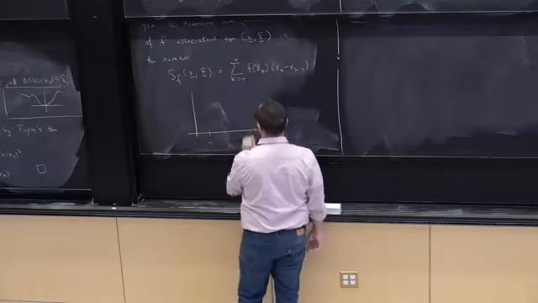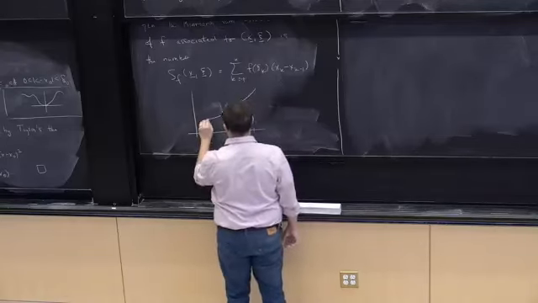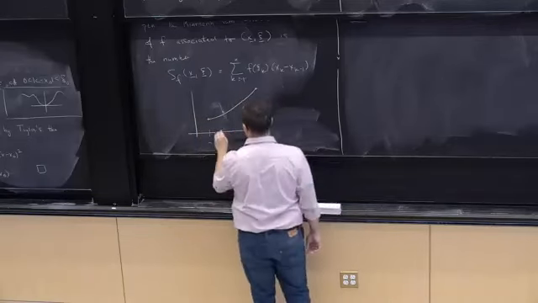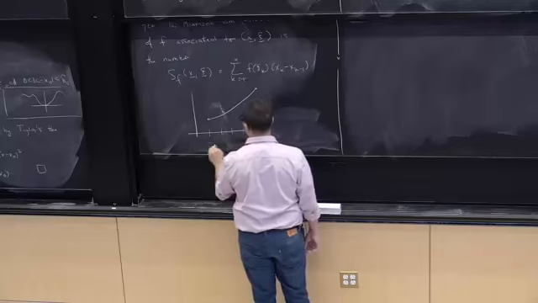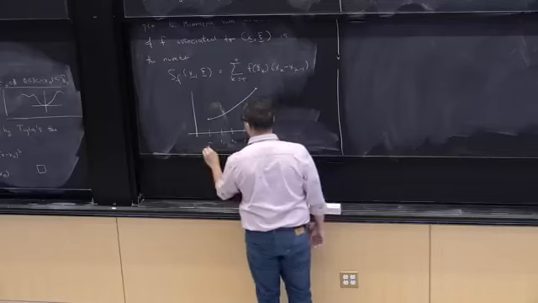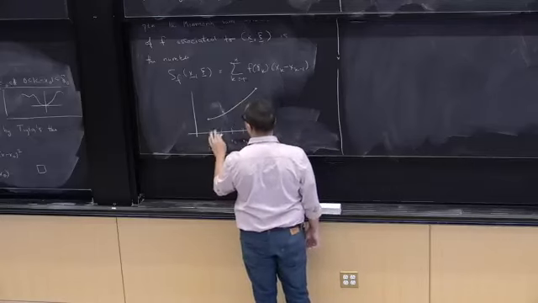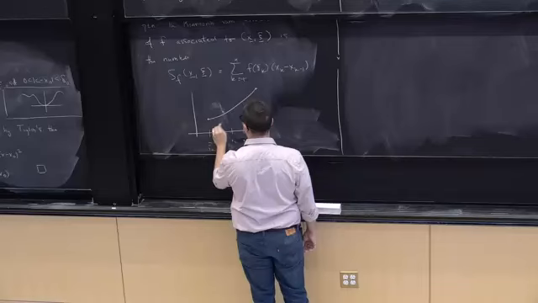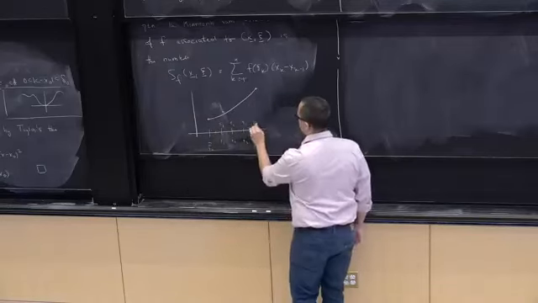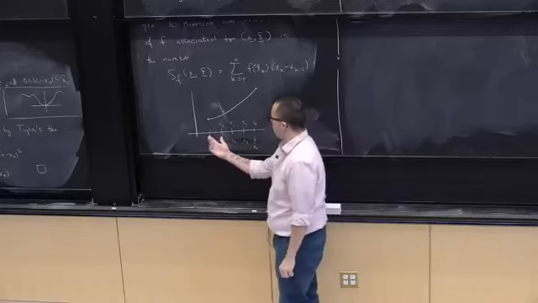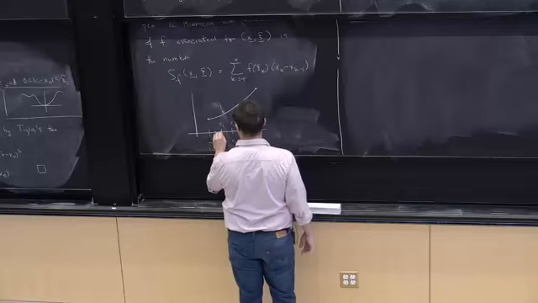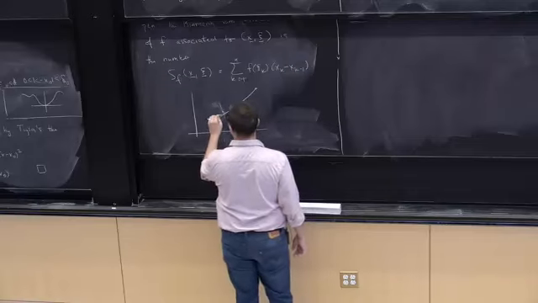If this is a, b, and there's a function f, and let's say those are the partition points, x0, x1, x2, x3, x4, and let's say the tags are just the right endpoints of each of these smaller intervals, then what is this number, at least in terms of this picture?